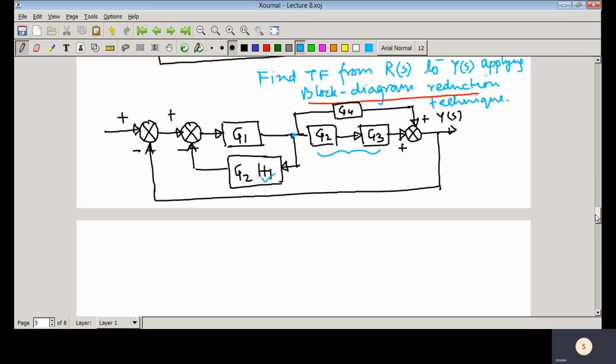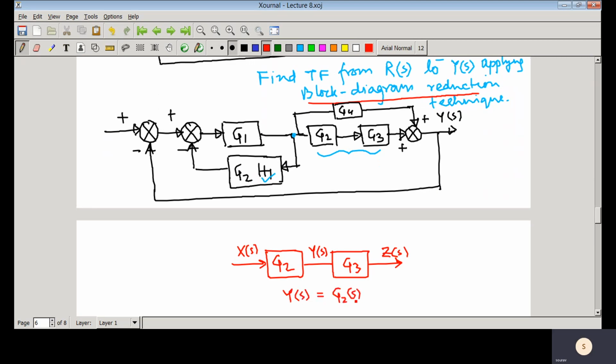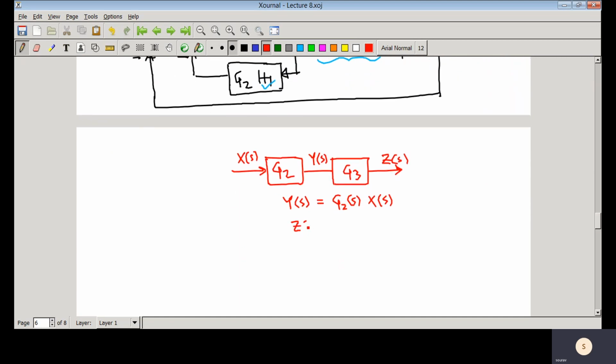Whenever two systems are cascaded, what happens? Suppose you have G2 and you have G3. You can see here this is XS, this is YS, this is ZS. Then YS equal to G2S into XS, then ZS equal to G3S into YS.